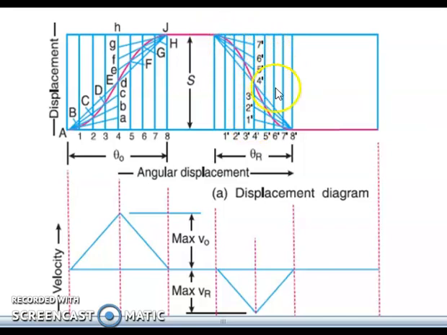So you join all these corresponding lines. You just assume it is the opposite ones. You can either number this or here you can change the order of numbering.